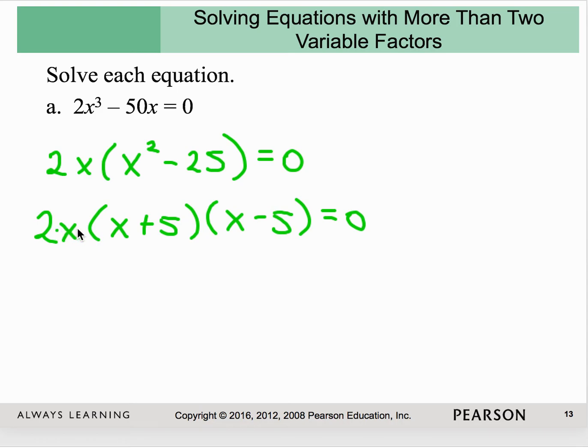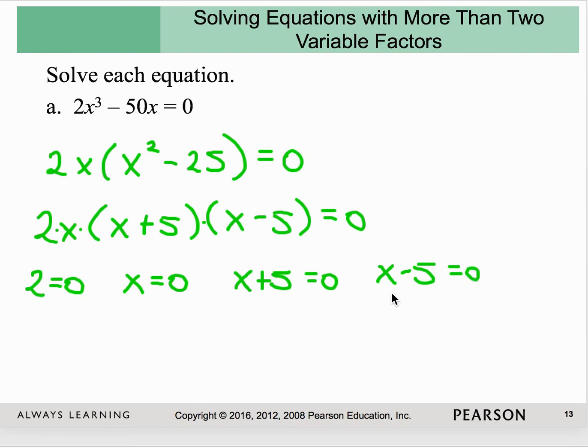Now I got a whole bunch of things being multiplied together. So that means either 2 is 0, or x is 0, or x plus 5 is 0, or x minus 5 is 0. But remember, 2 is not 0, so that's not part of the answer.